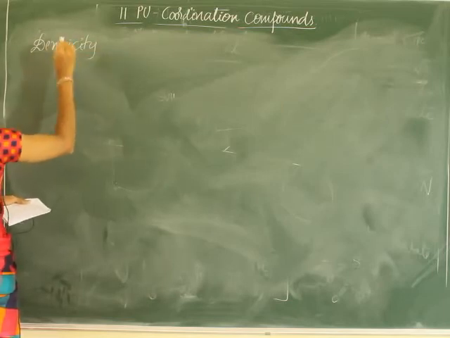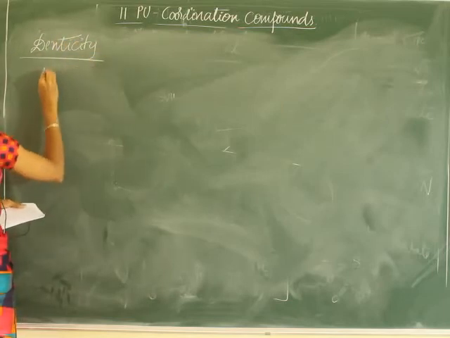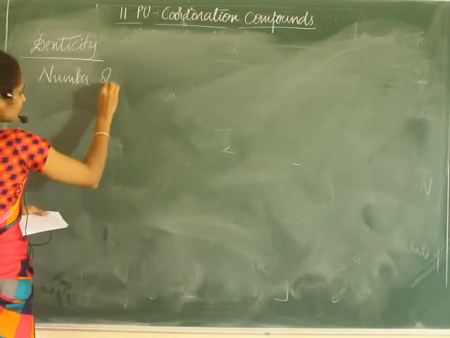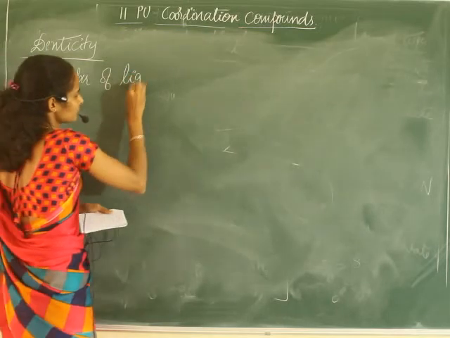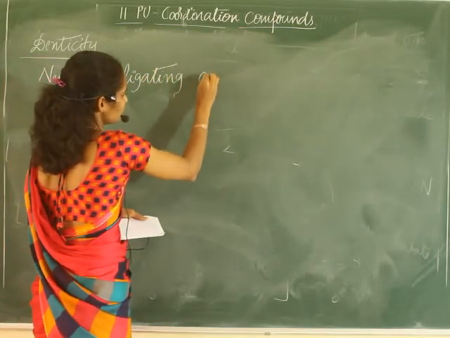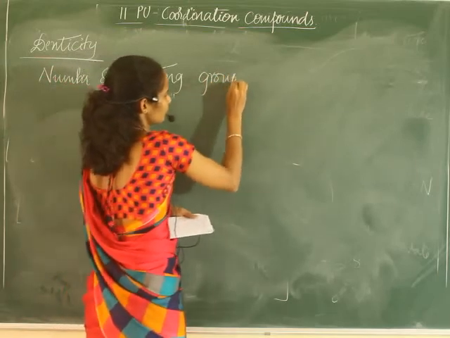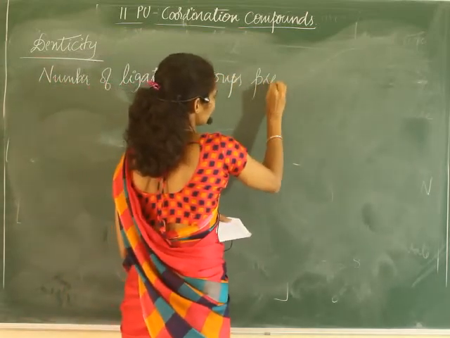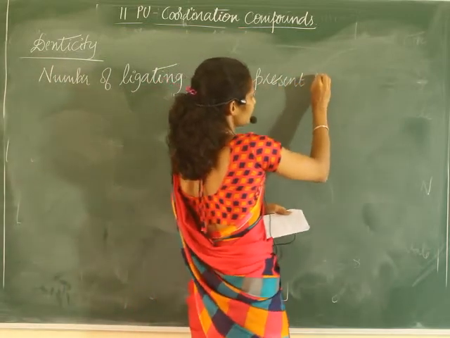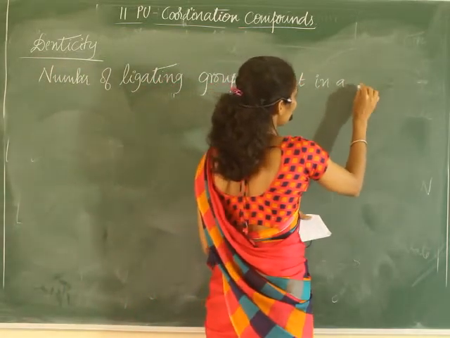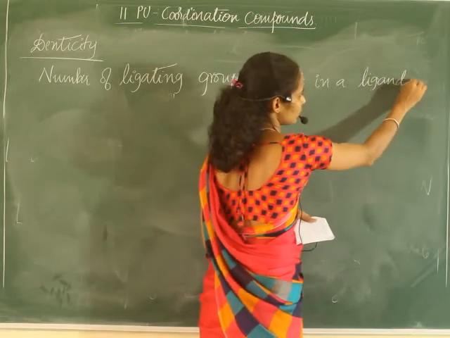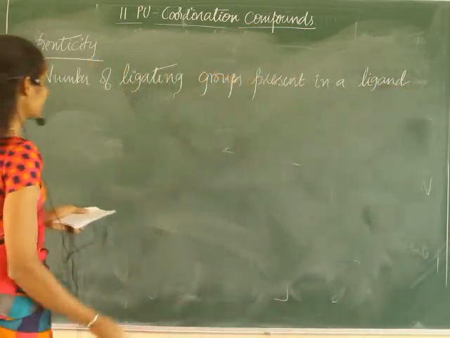Monodentate, bidentate, polydentate, etc. Right? Denticity is nothing but the number of ligating groups present in a ligand.